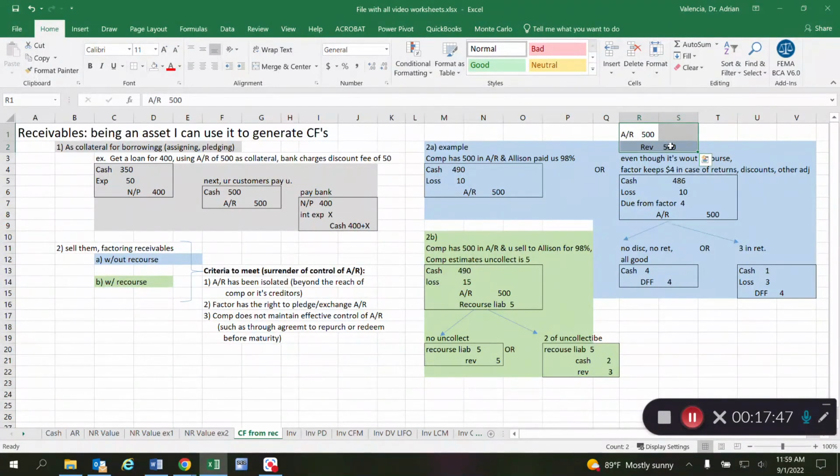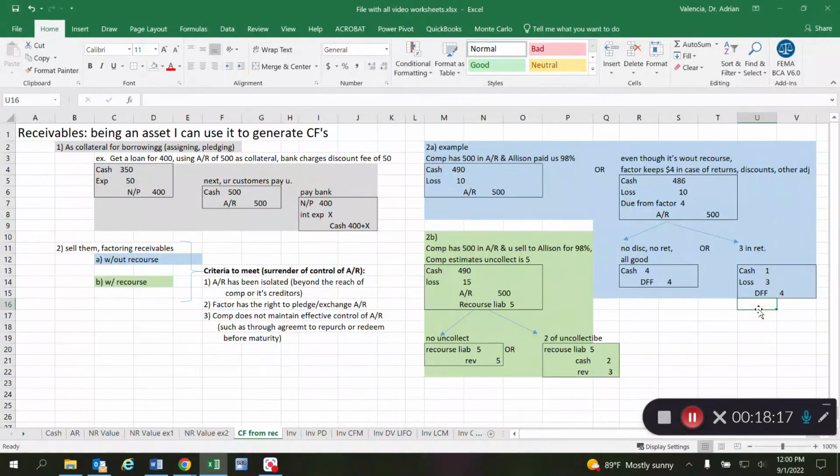If clients return things, then this revenue would have been reduced. That would mean that if customers returned items, the revenue of 500 is overstated. So the way we deal with that is we record a loss of 3 so that we can also have the net income balance out to be 497, or the revenue in this case, the revenue of 497. Okay, so that's what would happen there.